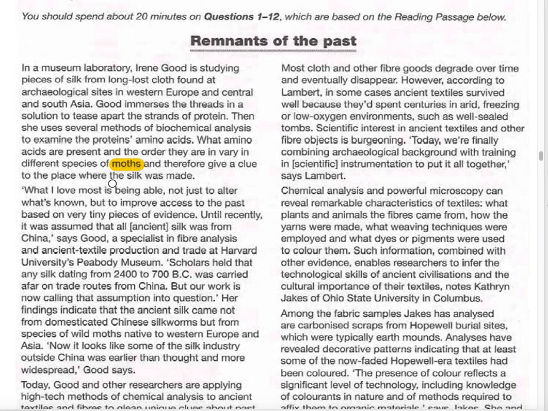They're kind of like ugly butterflies. We don't like them. So it says what amino acids are present and the order they are in vary in different species of moths and therefore give a clue to the place where the silk was made. Oh, I remember that now.